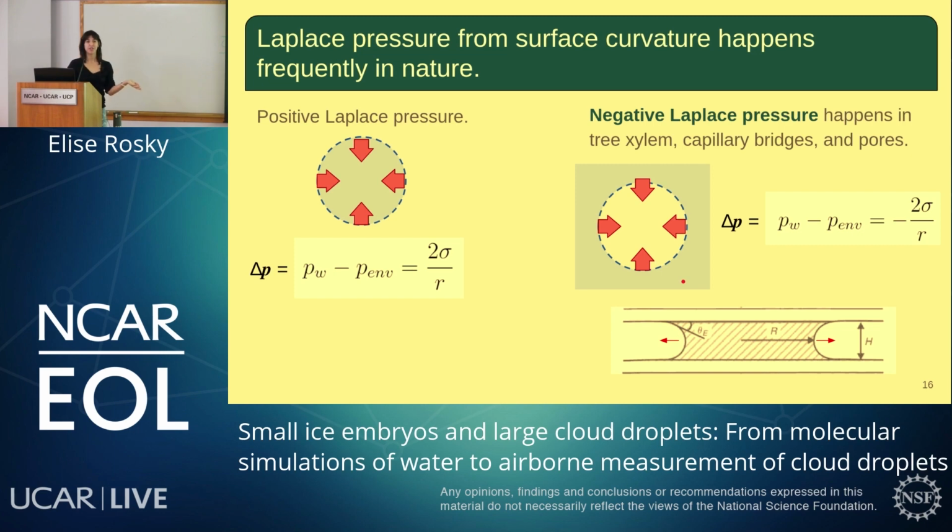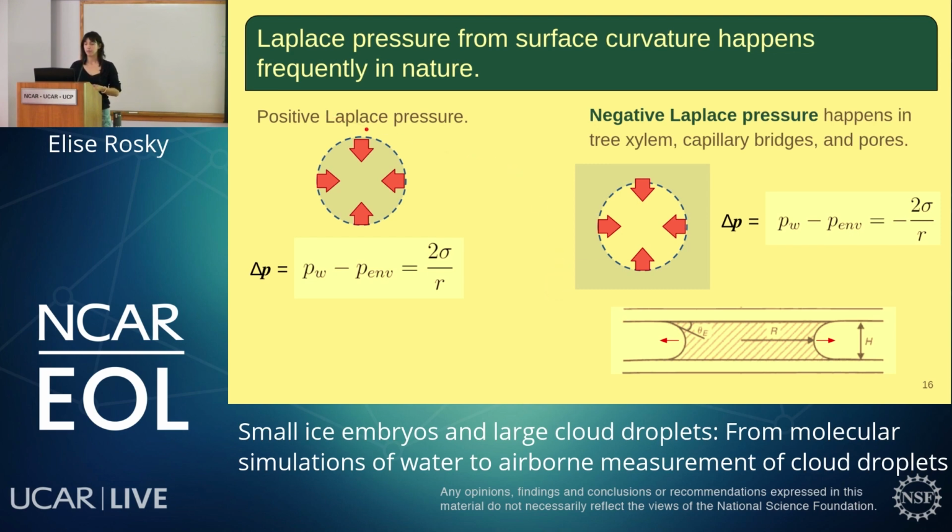Now, how might we have negative pressure in water droplets? Our hypothesis is that the negative pressure could come from Laplace pressure, which makes sense with the experiments because Laplace pressure arises from surface curvature, from the curvature of the water droplet surface.